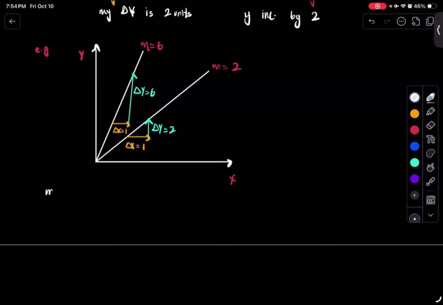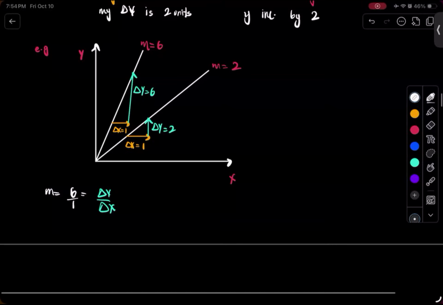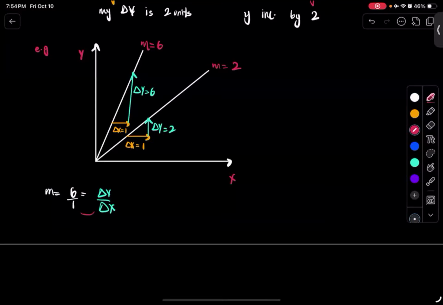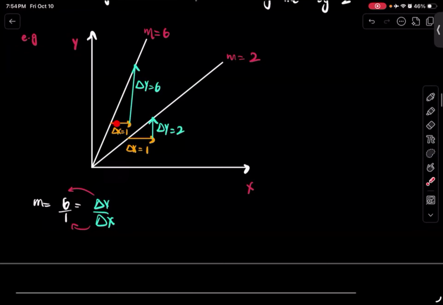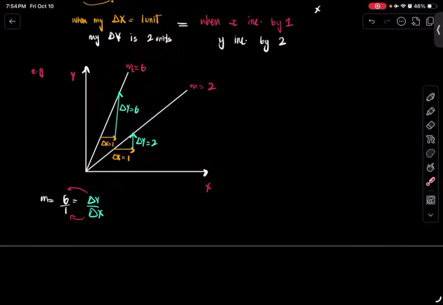Because if the gradient is equal to 6, what is gradient? That's change in y over change in x. And you can always write 6 over 1 as it's the same thing. So the change in x is 1, and the change in y is 6. So that basically tells you that when I increase my cause by 1 unit, by how much does the effect increase?